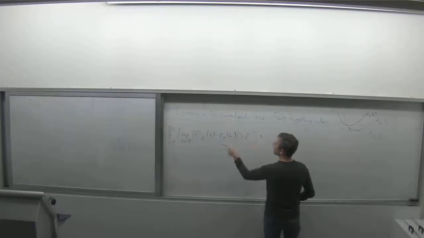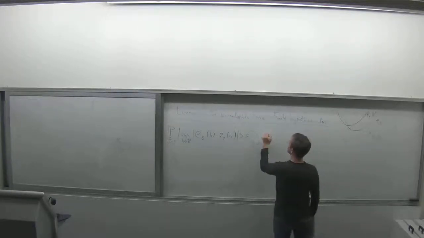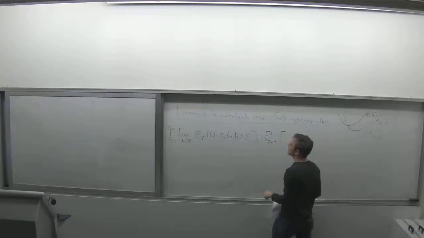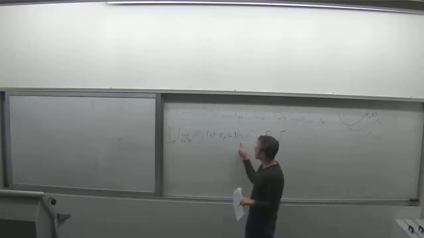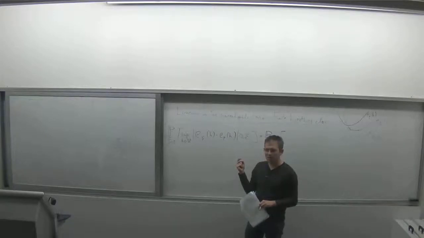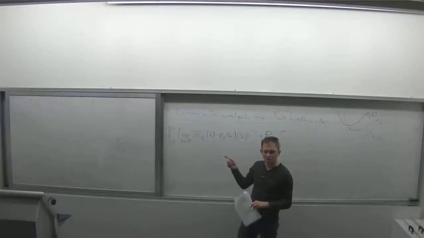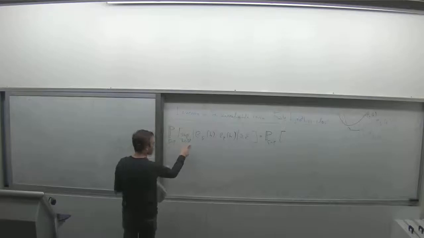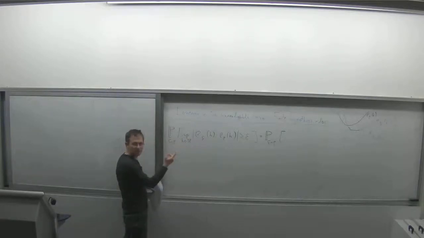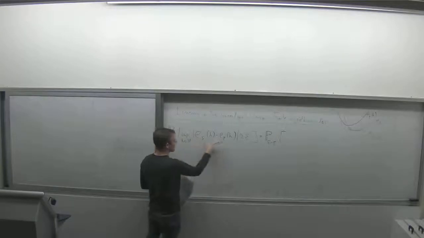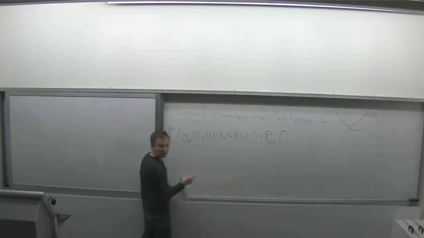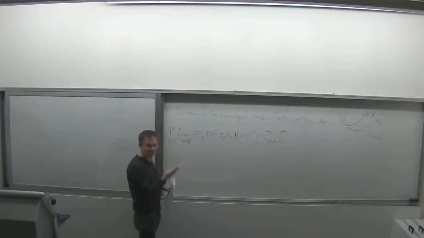This equals, I'm just going to rewrite it a little differently. This equals the probability... So when we say that the maximum is greater than epsilon, what does it mean? It means that one of the hypotheses in the hypothesis class, for one of the h's, this is greater than epsilon. There exists an h. That's a different way of saying it.